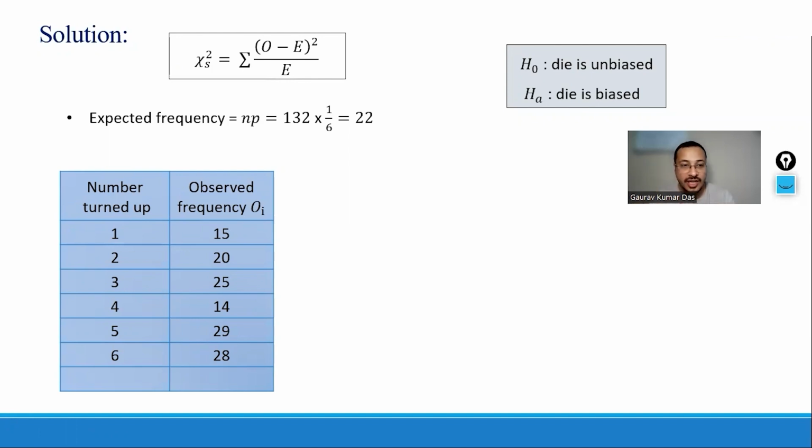And since I'm throwing the die 132 times, this probability of occurrence gets multiplied by 132. That is my expected frequency, what should have happened, and this is what actually happened.